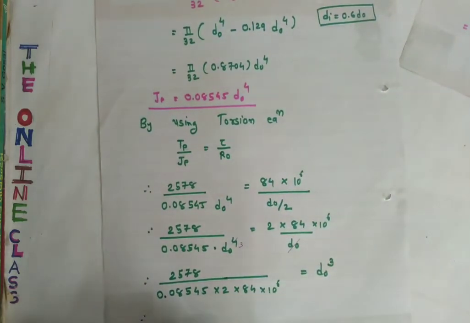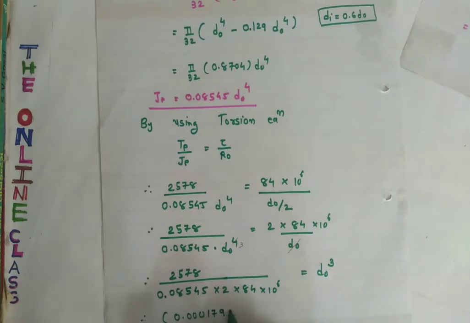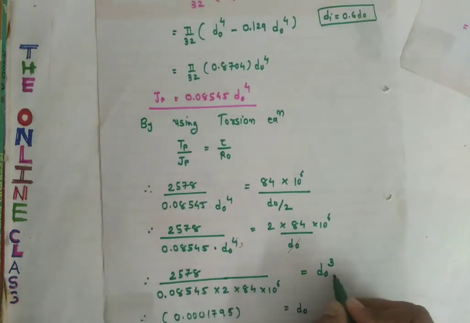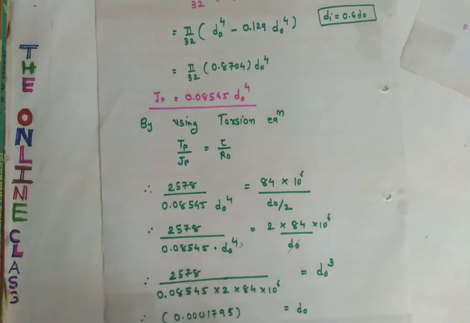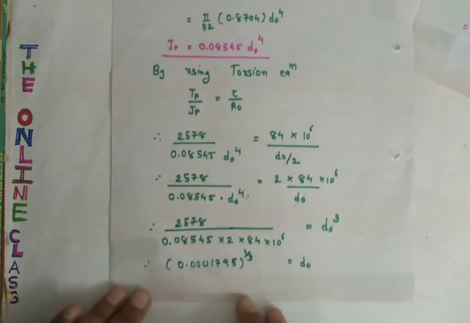By dividing this value to 2578, we have 0.0001795 DO cubed.